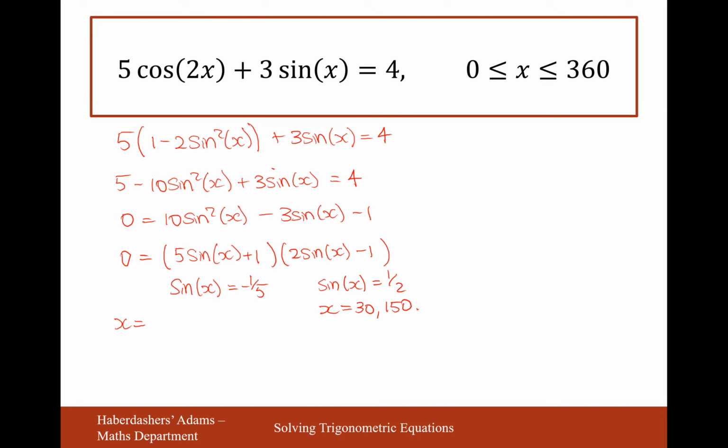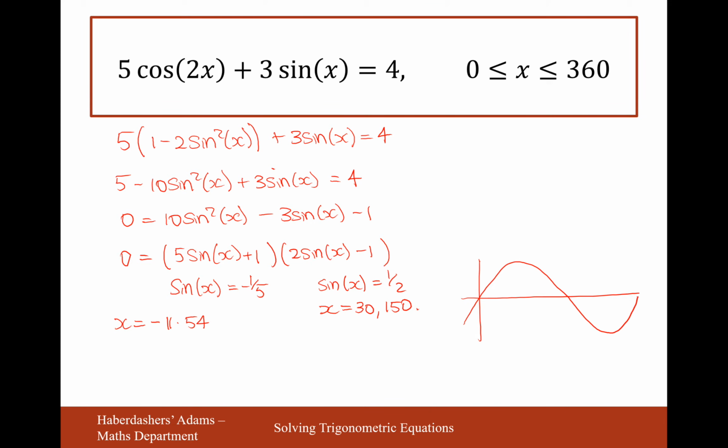Sine inverse, I'm in radians mode at the moment, I'll need to change it to degrees mode. So into degrees mode, and it's going to be sine inverse minus 0.2, that's minus a fifth, and that will give me minus 11.54. So what does that mean on the sine graph?